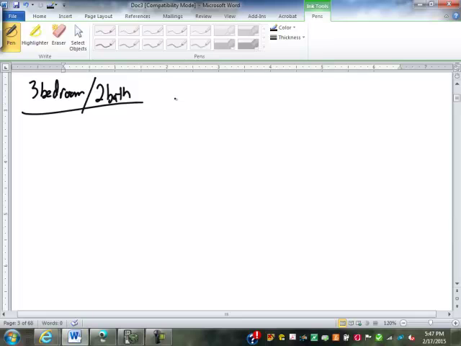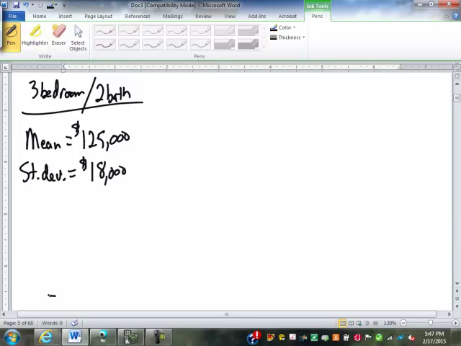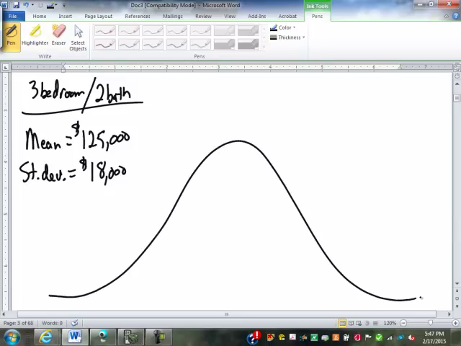And you've done some research and found that in the area you're going to move to, the mean price of all of the 3-bedroom, 2-bath houses that have sold in the last 2 years is $125,000, with a standard deviation of $18,000. So what does that mean? Well, we're going to draw our bell curve.